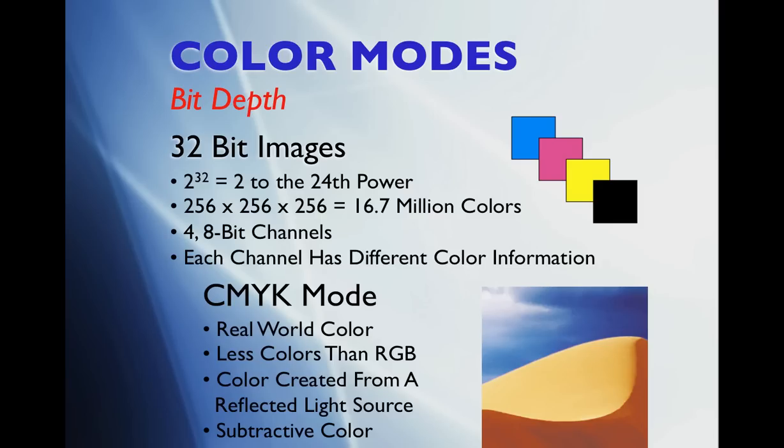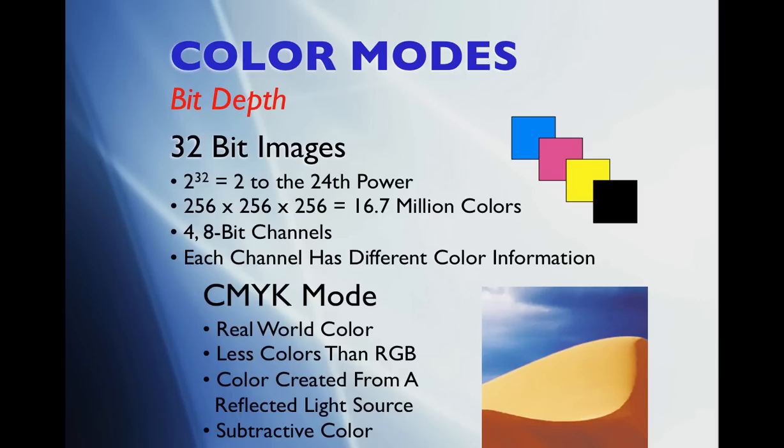And I realize this is a bit of a simplistic view. The physics are much more complex than that. But the important point that you need to understand is an RGB image is a 3-channel, a CMYK is a 4-channel. The RGB color is much more intense than you can expect to get, and it's because it's created from a direct light source.